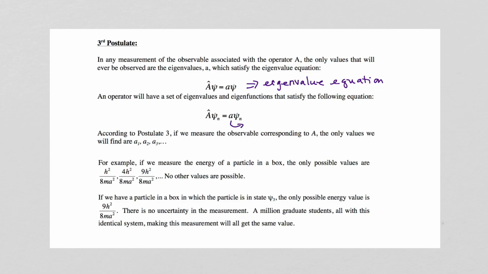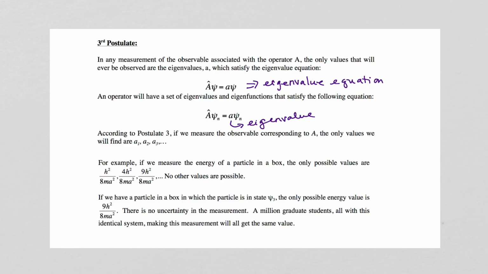So here a is what we call the eigenvalue, or characteristic value if you have taken German. So we'll see down the road that for a particle in a box, the only possible values are these values here, corresponding to the different n values, the different states that we could have. There are no other values possible to measure. You will only ever measure an eigenvalue. That is the solution to your eigenvalue equation.